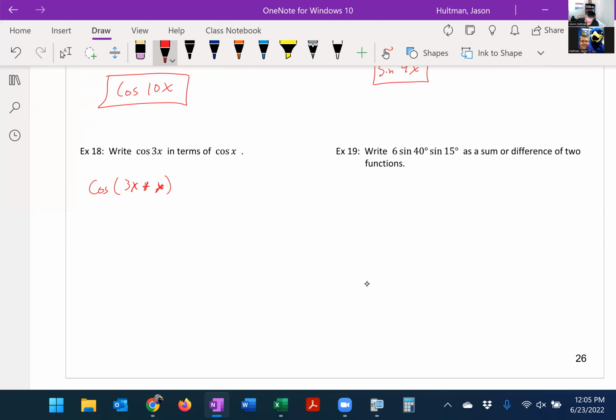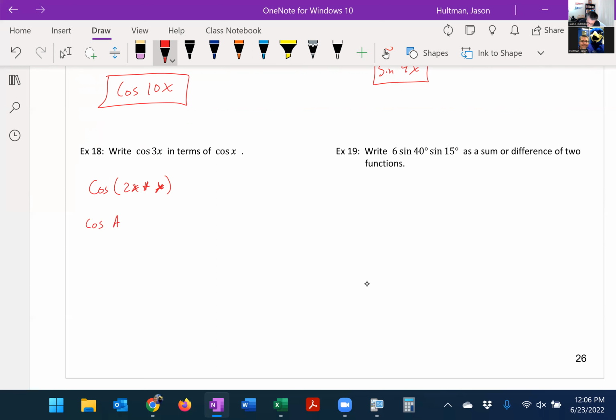I'm sorry, 2x. This should be 2x. 2x plus x. And so I'm going to use this formula here.